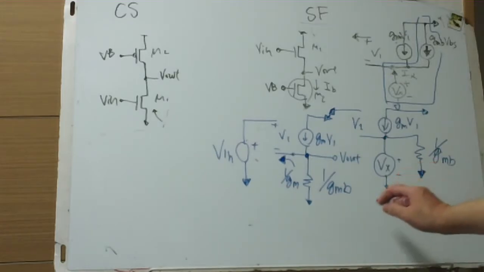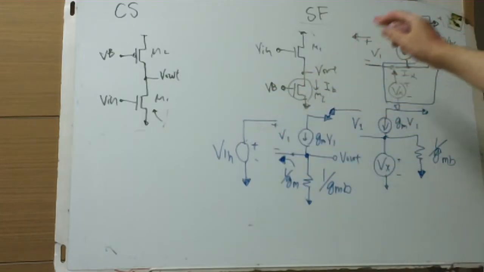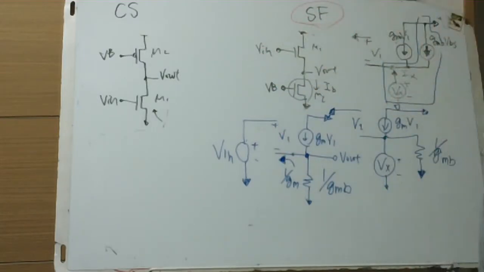So these are the points for the source follower to get the voltage gain in an easy way using Thevenin equivalent. It's not tough, but you need some insight or trained mind to get these expressions.